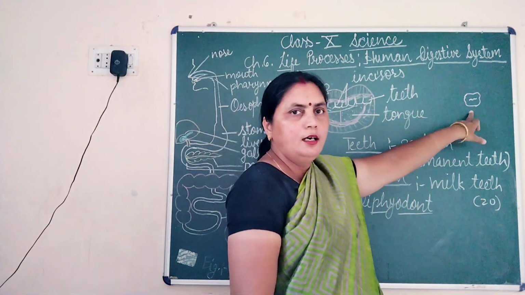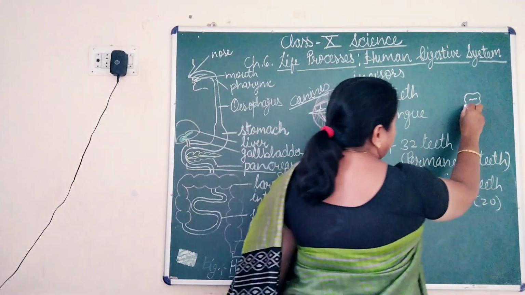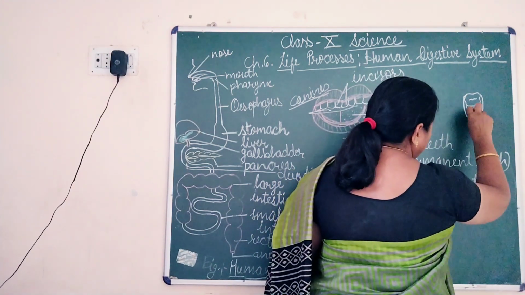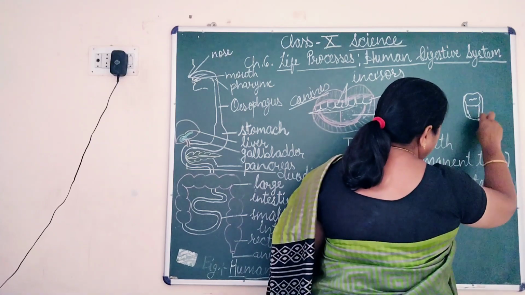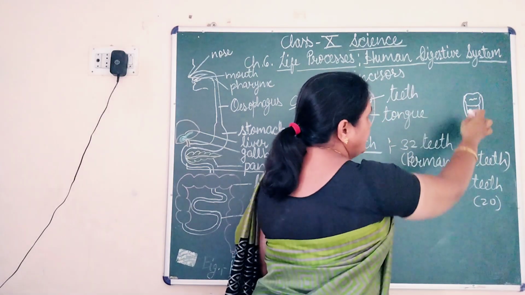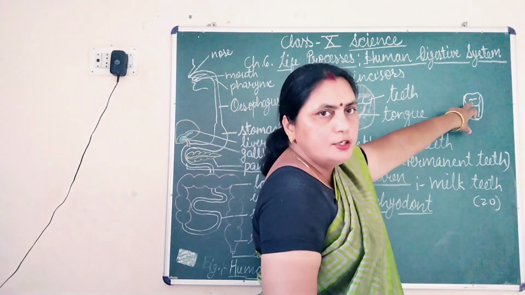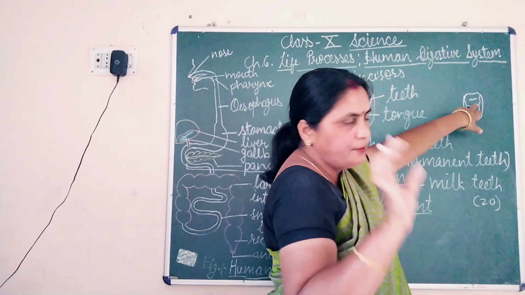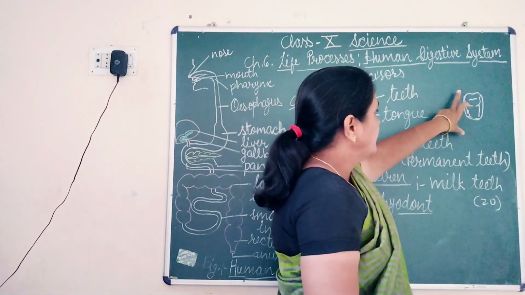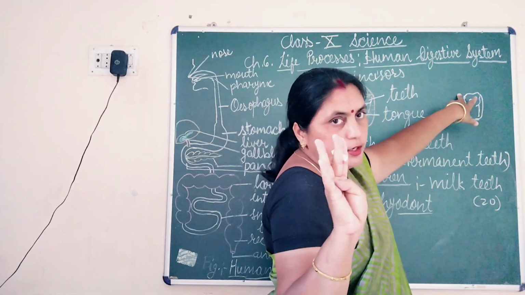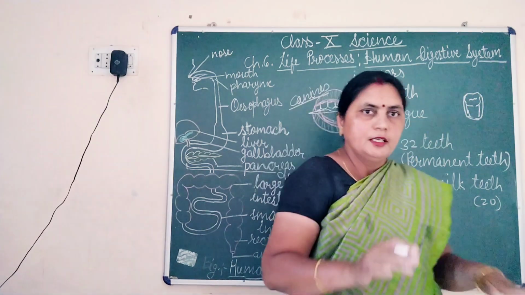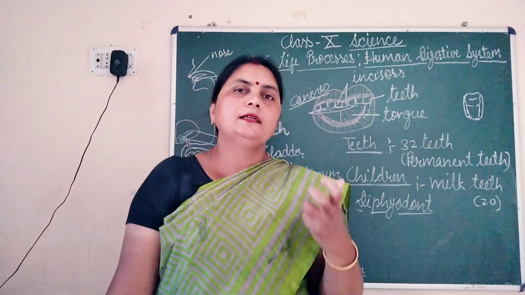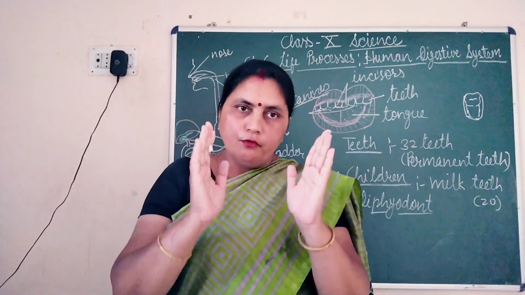If you see a tooth, any premolar or molar, it will appear like this. If it is in the lower jaw, it is its top portion, and if it is in the upper jaw, it is its lower portion. It appears as if it has 4 walls and also a flat platform. So premolars and molars have a flat platform and 4 walls.